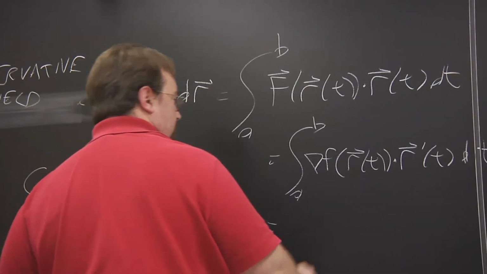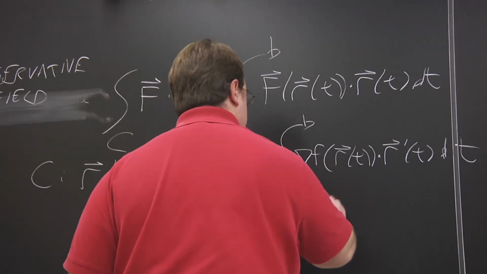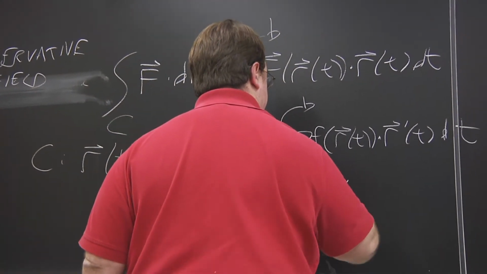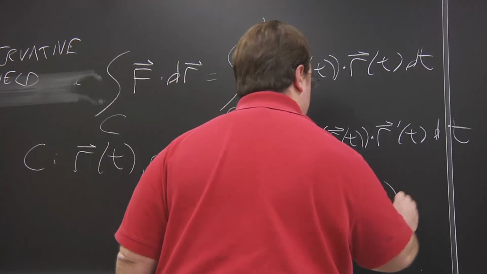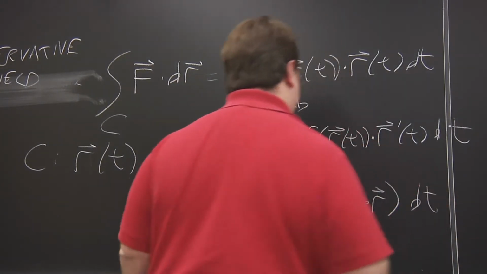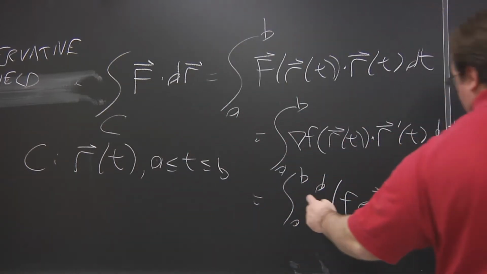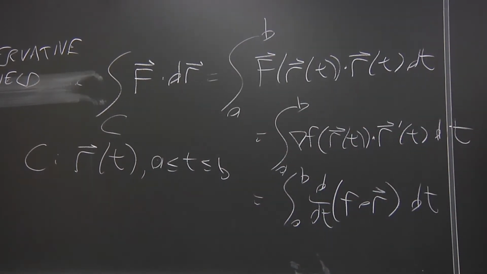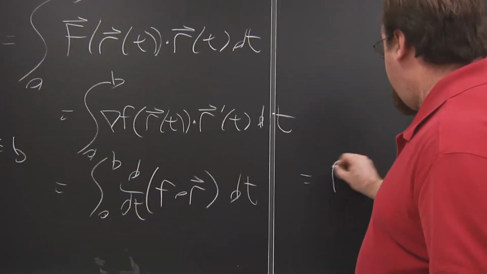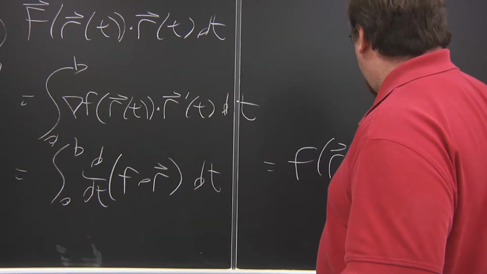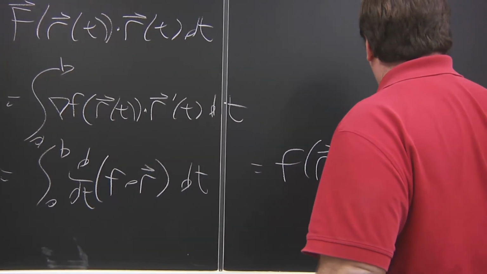which by the chain rule is the derivative of the composition f composed with r. So then we just have the derivative and the integral canceling each other out, and we get f of r of b minus f of r of a.